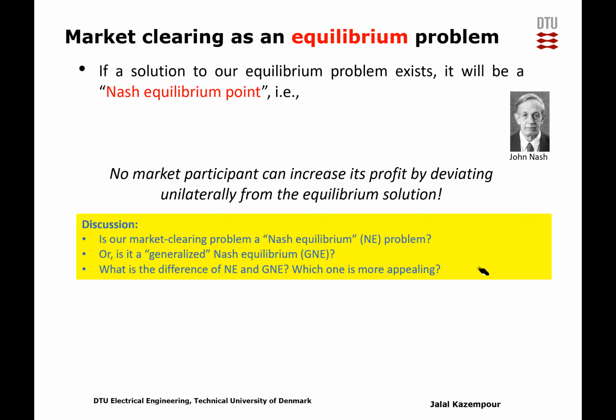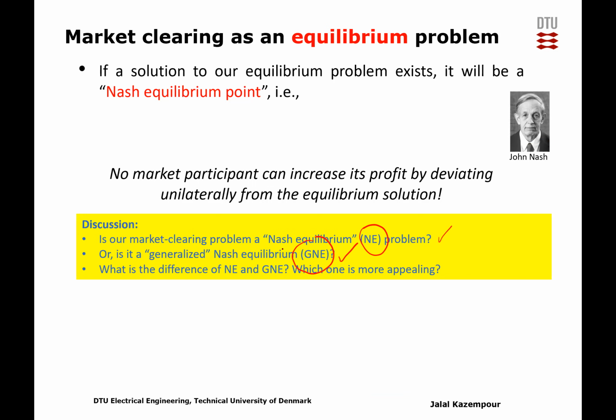Nice. Okay, I would like to have some discussion here. Is our market clearing problem with 5 players a Nash equilibrium problem, or is it a generalized Nash equilibrium problem? Is it NE or is it GNE?